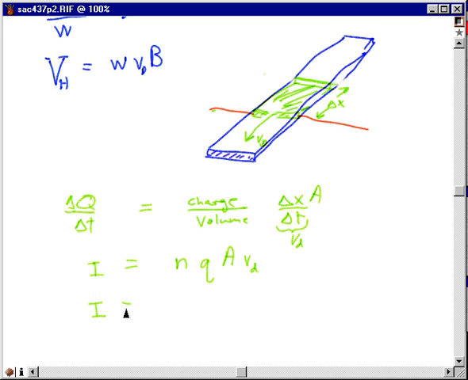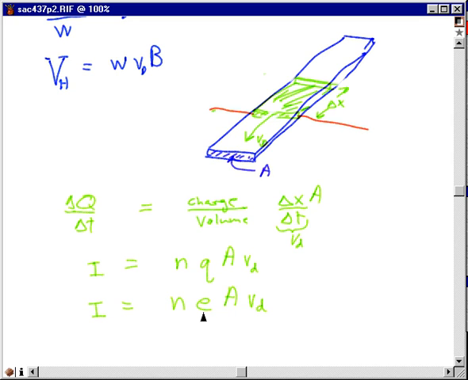In our case, the charge carriers are electrons, so the amount of charge per charge carrier is just e, the charge, 1.6 times 10 to the minus 19th coulombs, and we've got a relationship between the drift velocity and the current. It depends on the cross-sectional area of the wire, or in this case the strip.